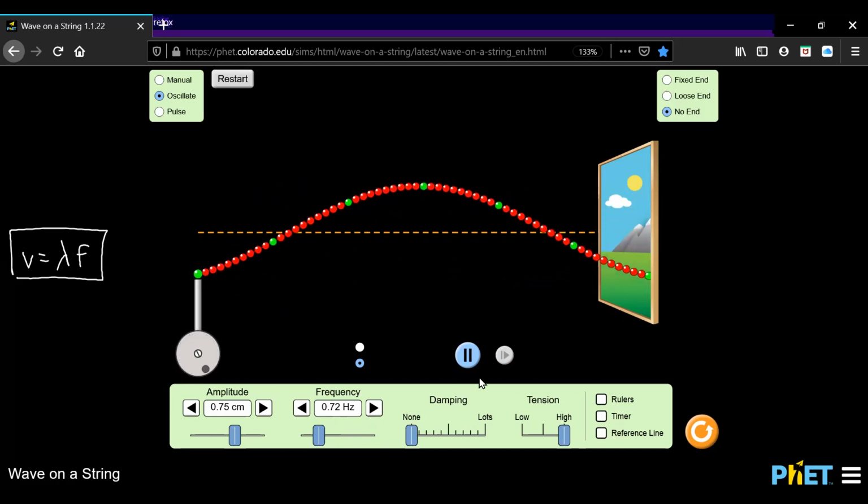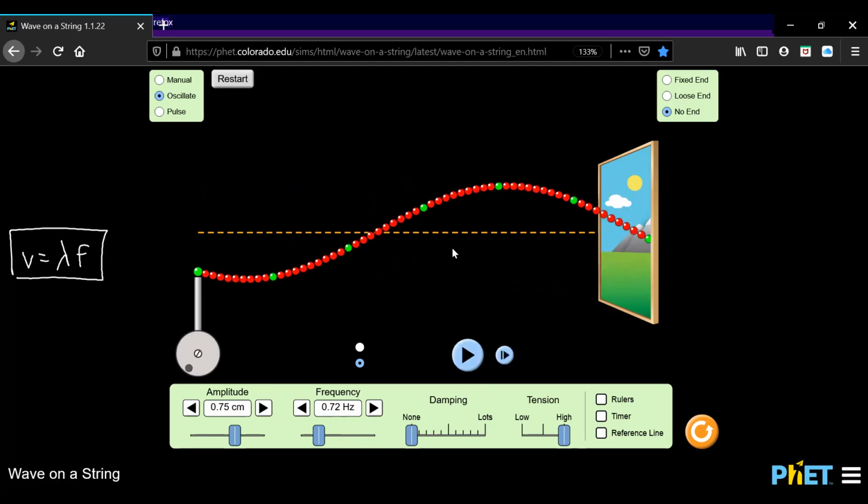And so here's one thing that is different. If I pause it, the maximum speed for this long wavelength is pretty small. So Vmax, this is Vmax up and down, the vector velocity of the point, for the long wavelength.